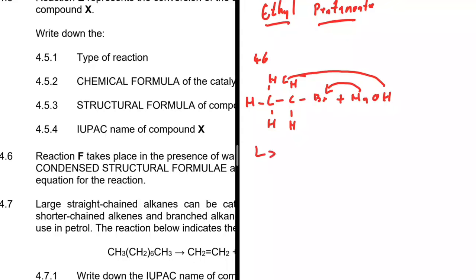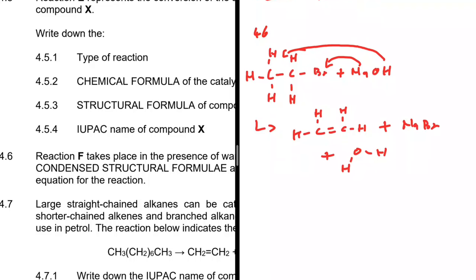In the products, we're going to have one double bond because now it is an alkene, hydrogens elsewhere, plus NaBr plus H2O. This is how the reaction takes place in terms of the structural formula. But in our equation, we're supposed to use condensed structural formula, so let's go ahead and do that. This is just for the sake of clarity.